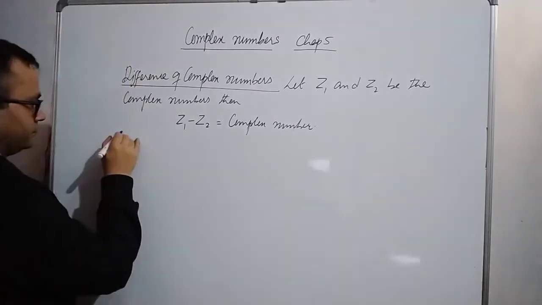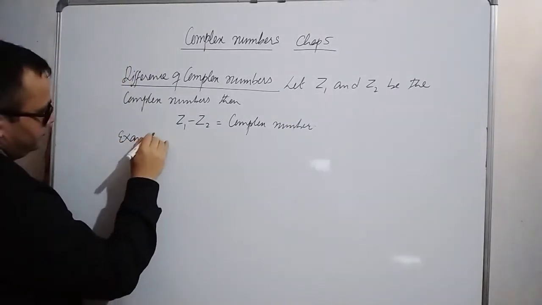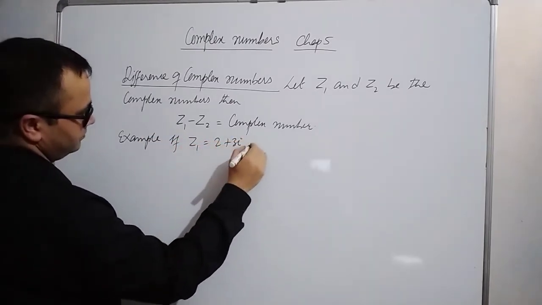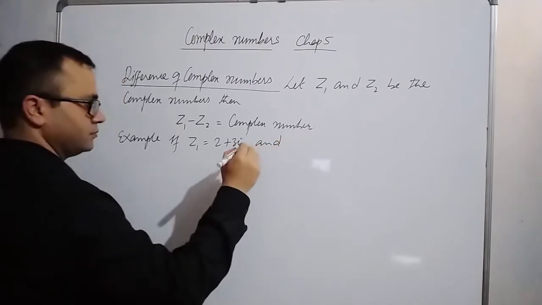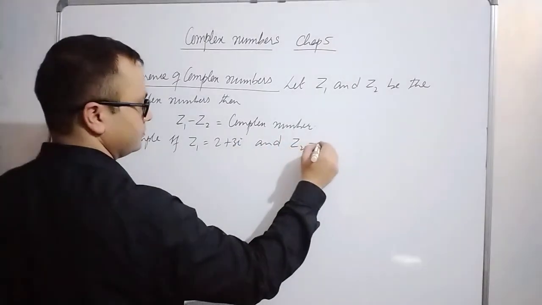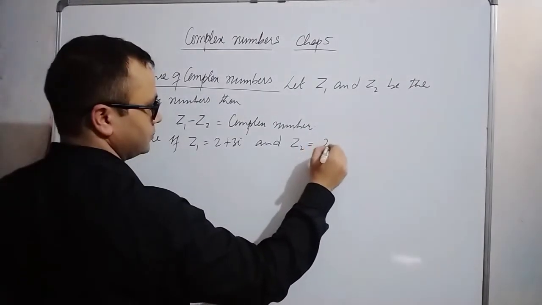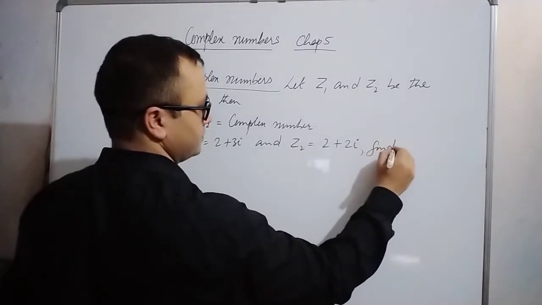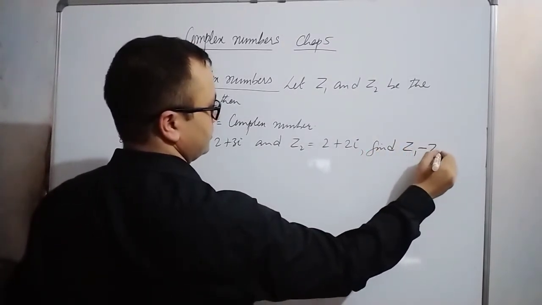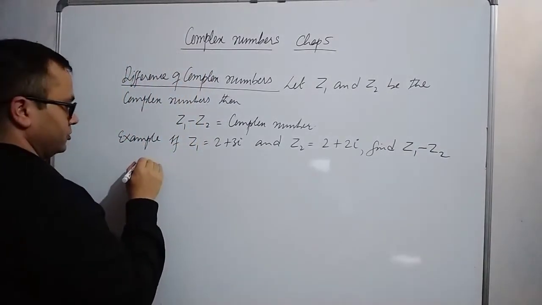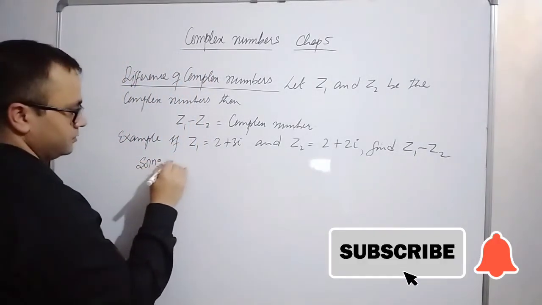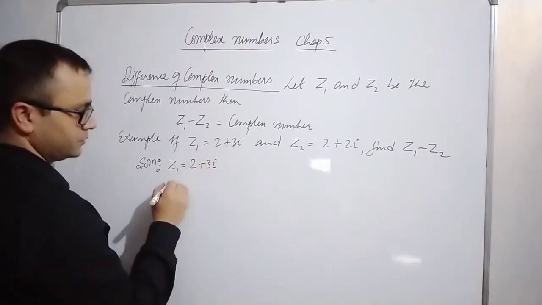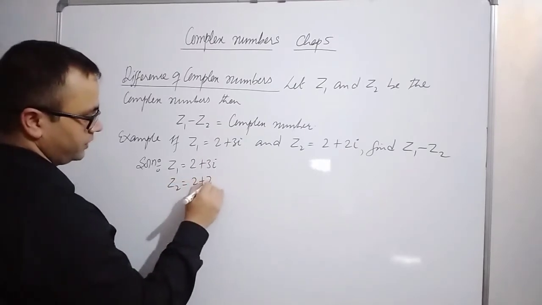For example, if Z1 equals 2 plus 3i and Z2 equals 2 plus 2i, then find the difference of the two complex numbers, Z1 minus Z2. In the solution, Z1 is 2 plus 3i and Z2 is 2 plus 2i.